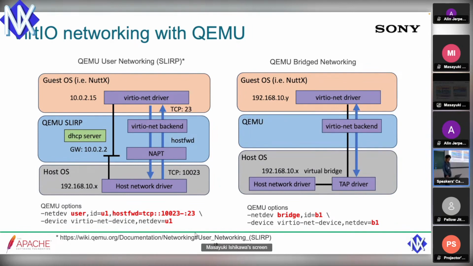To use this mode, we need to specify netdev bridge for the QEMU option. In this mode, we do not use port forwarding, and IP addresses on both sides, NuttX and host side, depend on your network.